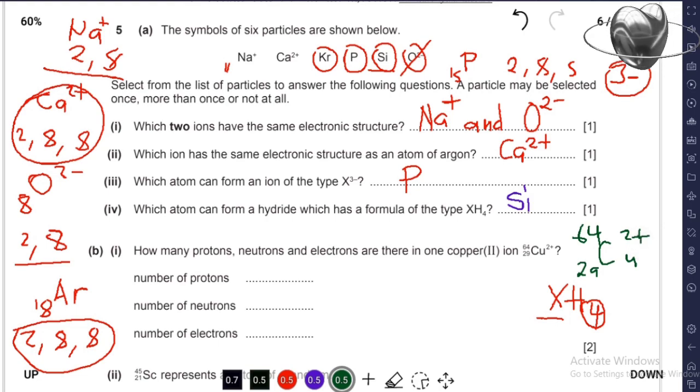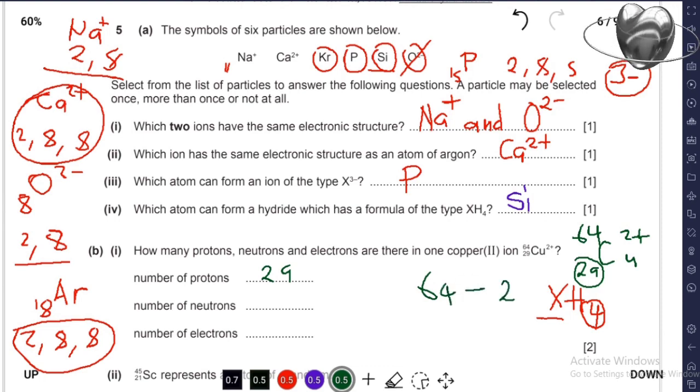Now, the number of protons will not change, so it will be 29. The number of neutrons, we are going to say 64 minus 29. The answer will be 35.